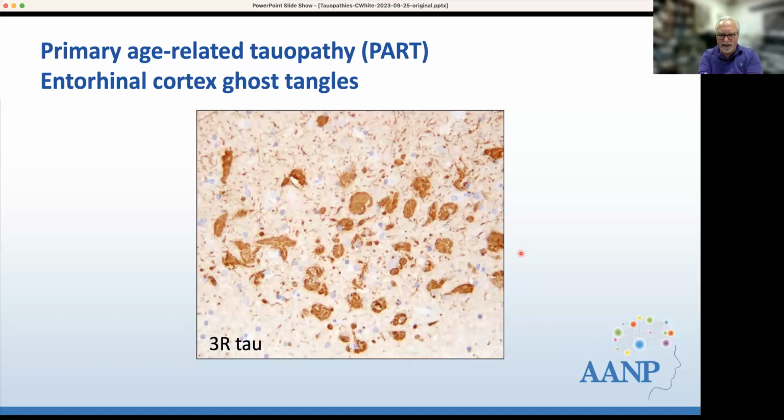Curiously, they tend to stain predominantly for 3R tau without significant 4R staining. This is probably just a loss of immunoreactivity and doesn't really mean anything about the underlying pathophysiologic sequences that lead to the deposition of tangles in PART.